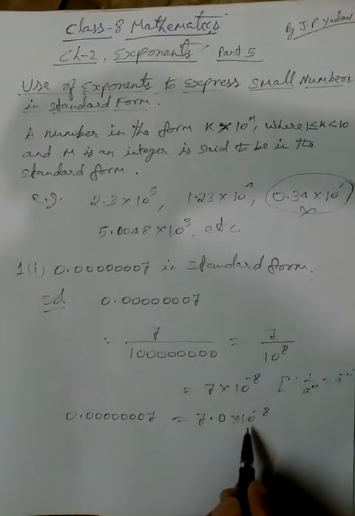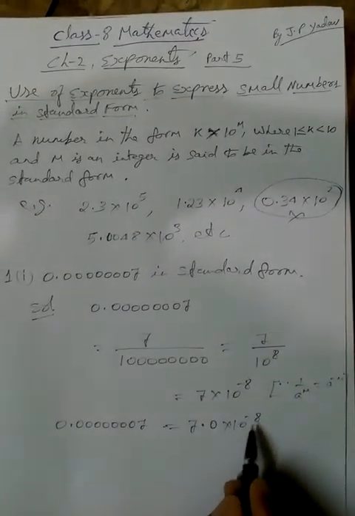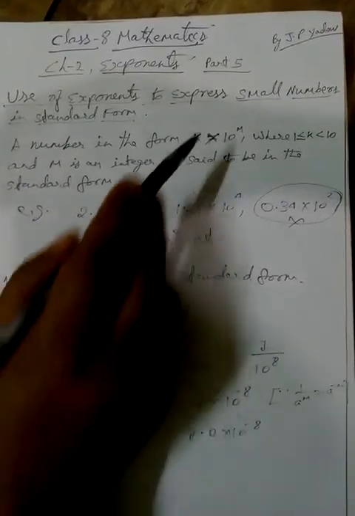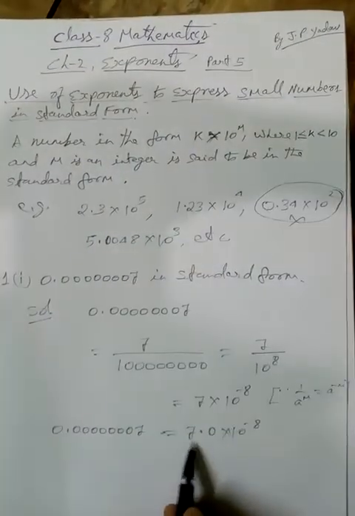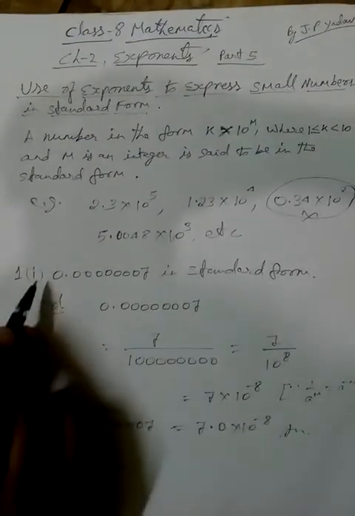And the 10 in 10 raised to the power minus 8, that is 10 raised to the power m, which must be an integer. So here minus 8 is the m, and k is 7.0. This is the standard form of this question.